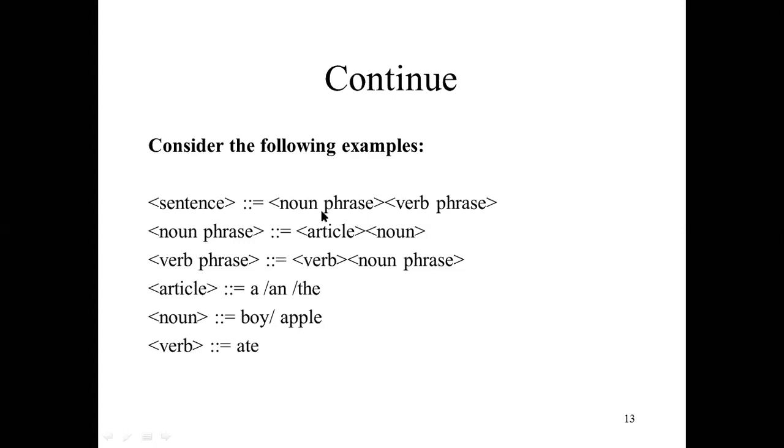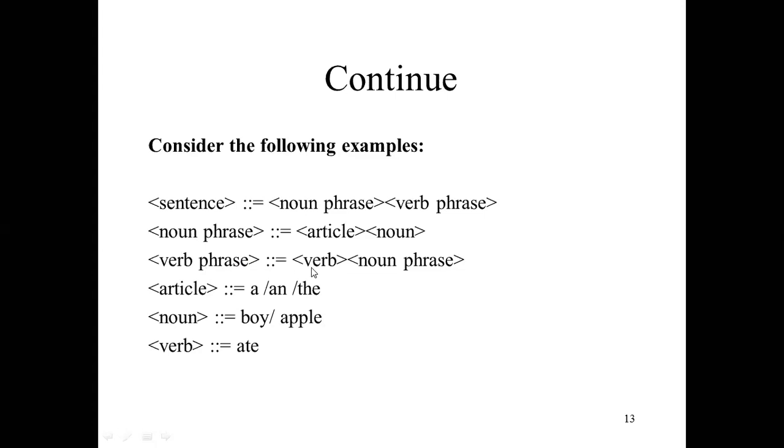Now we can write noun phrase. What is the noun phrase? Noun phrase is equivalent to article and noun. So we can break noun phrase into article and noun. This is the hierarchy to break the sentence. Again, what is verb phrase?